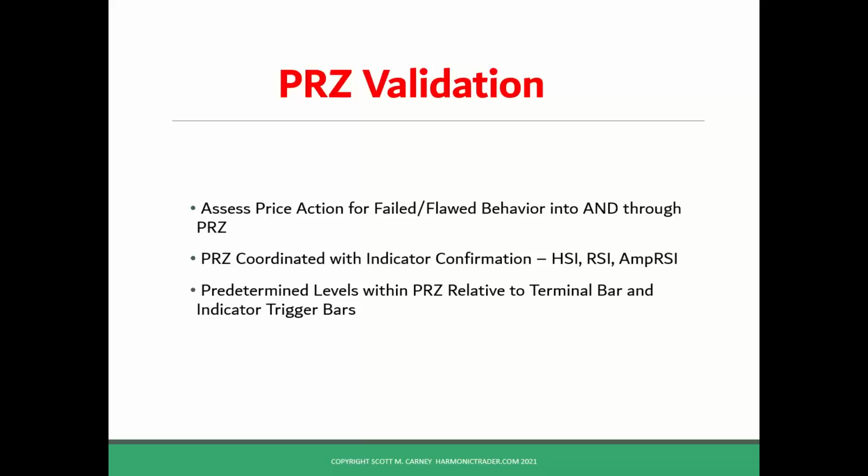And again, a lot of people ask me, well, where exactly should HSI or RSI come together? Before the zone, after the zone, exactly at the terminal bar? And that defaults to usually a 30-bar assessment. We want to see it within a 30-bar window of the pattern completion.